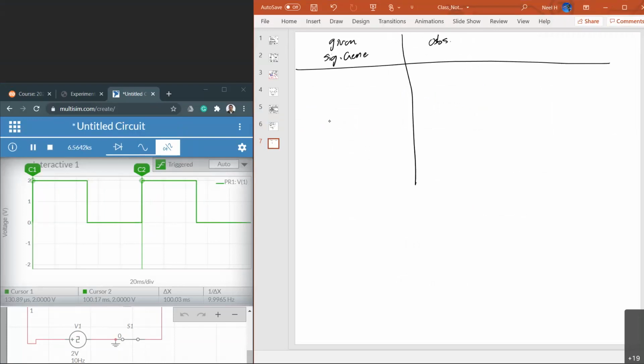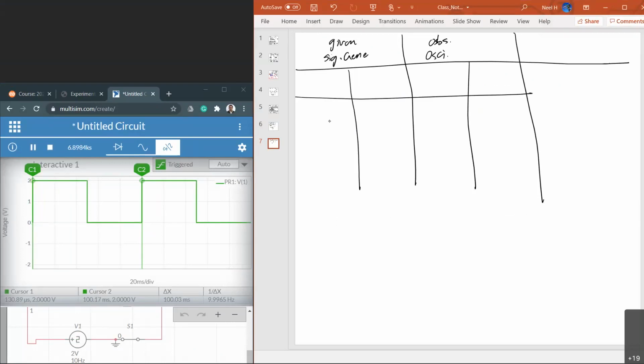Observed values, that's the oscilloscope values. And the picture here, that's a diagram. So what I need is the frequency in unit of hertz, the voltage peak value in unit of volt, and then the frequency observed in hertz, and the voltage peak in volt.